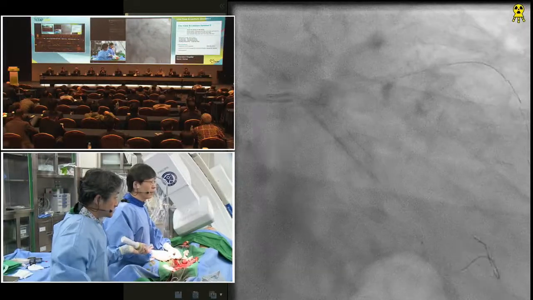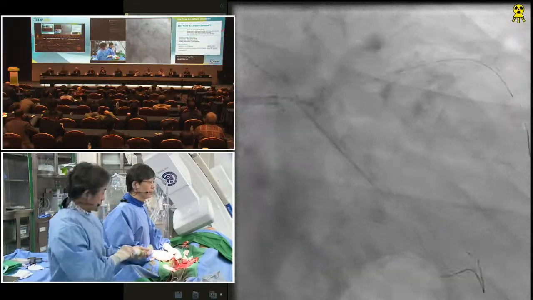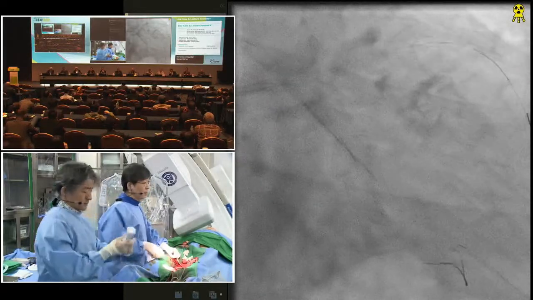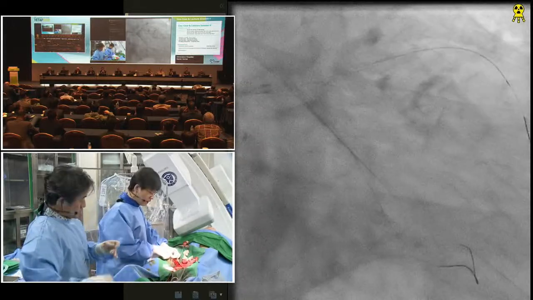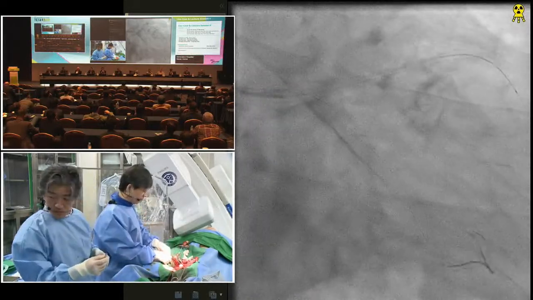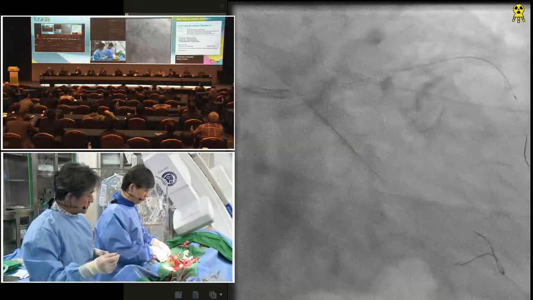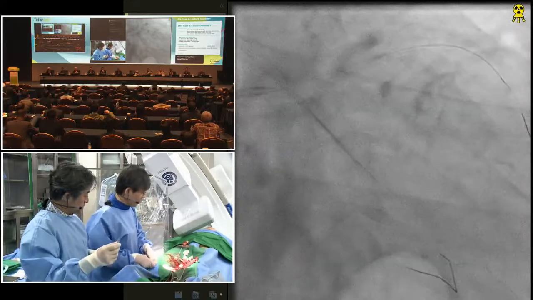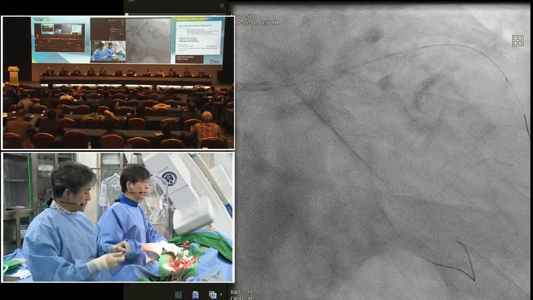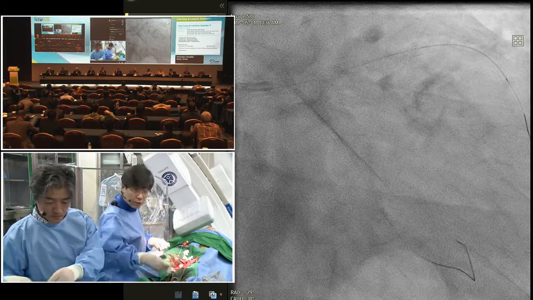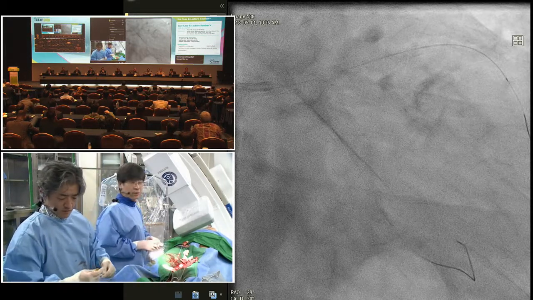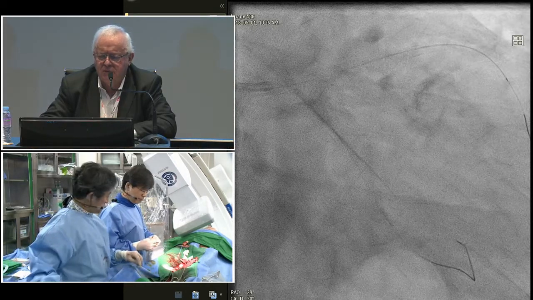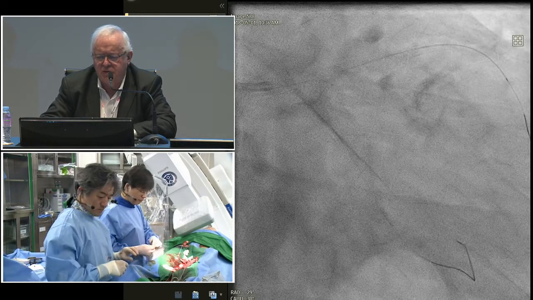Easily pass. Okay, inflate. Inflate. 14. 18. Deflate. 3.5 non-compliant. Personally, when I'm kissing in a double stented bifurcation, I use semi-compliant balloons because there is no risk of dissection, and you can adapt the pressure to the diameter.